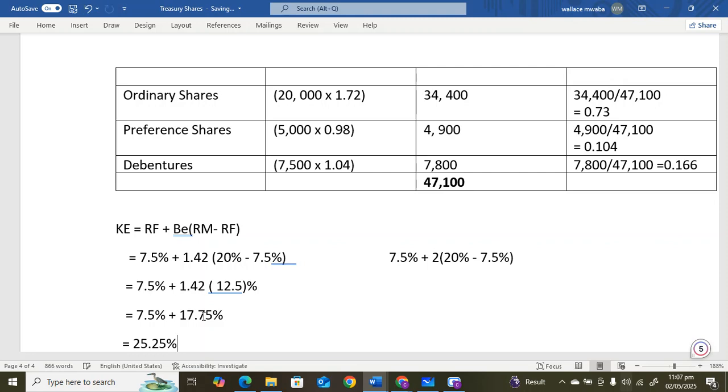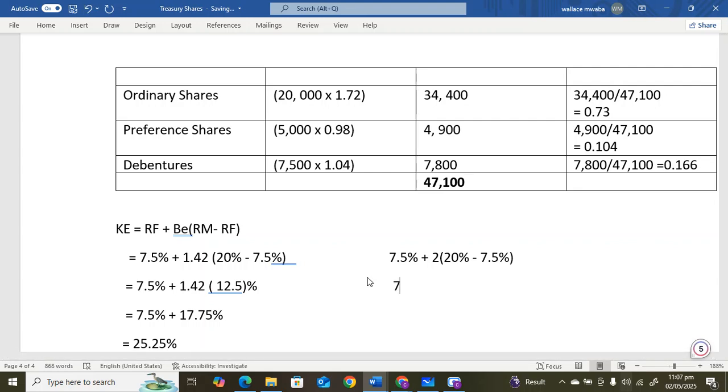Now, as I said, with the capital asset pricing model, the higher the risk, the higher the return. So if we increase our equity beta to 2, let's see what return we expect.